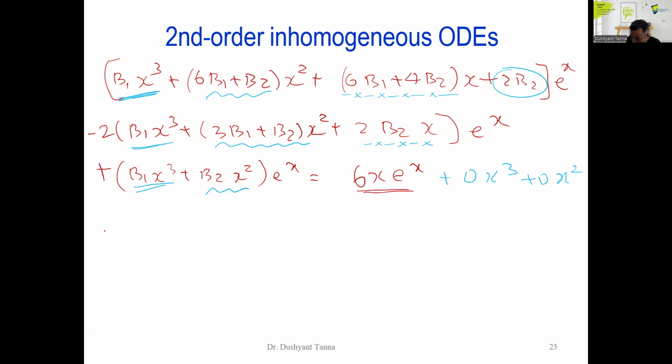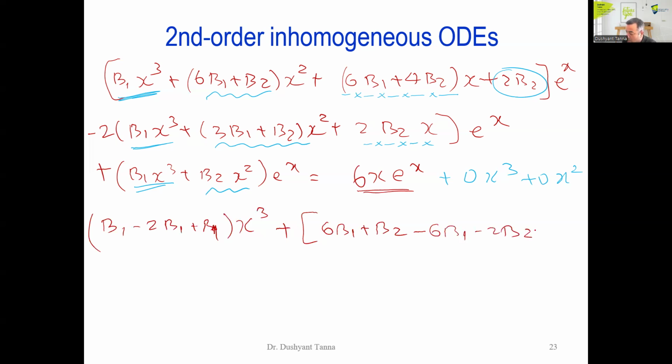Okay, so b1 minus 2b1 plus b1 along with x3. Okay, now 6b1 plus b2 from here. From the second bracket, you'll get minus 6b1 minus 2b2. From the third bracket, you will get b2 along with x square.